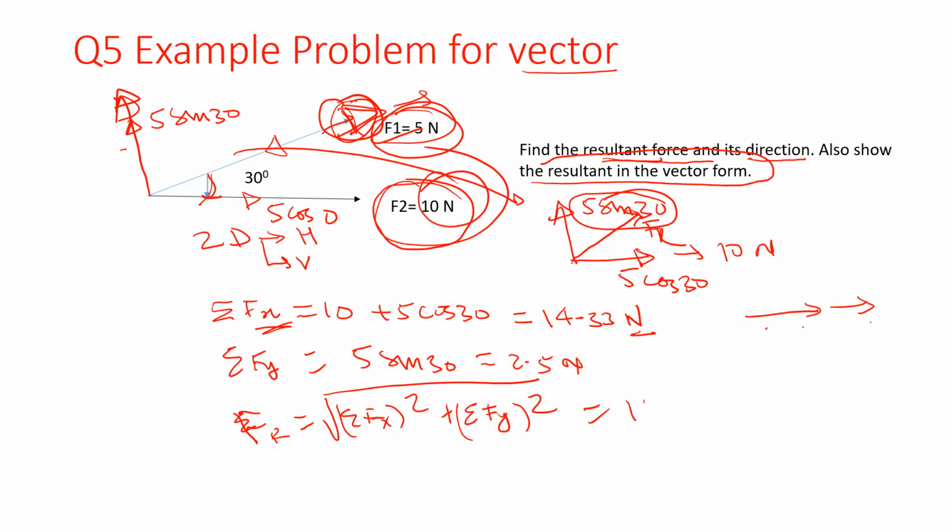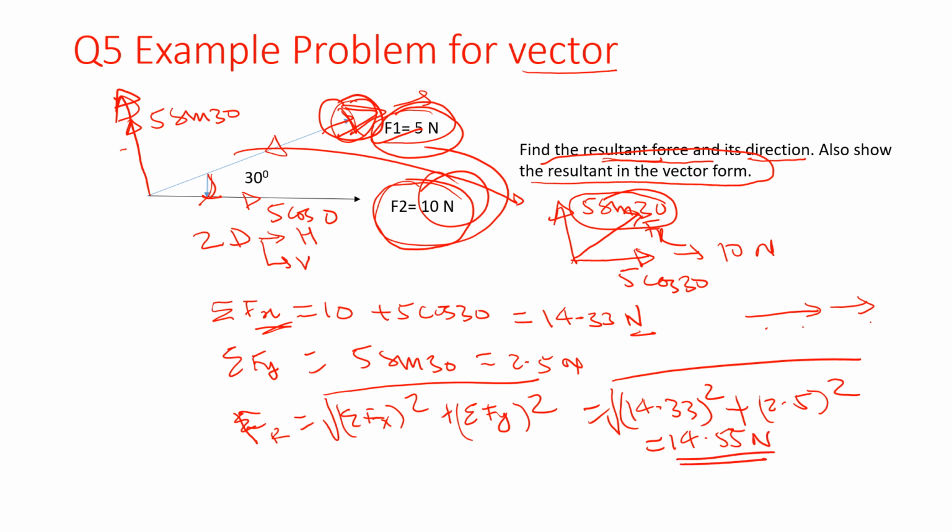Here it is the square root of 14.33 squared plus 2.5 squared, and it gives you 14.55 Newton. So this is the resultant force.